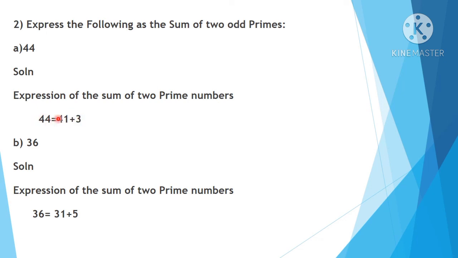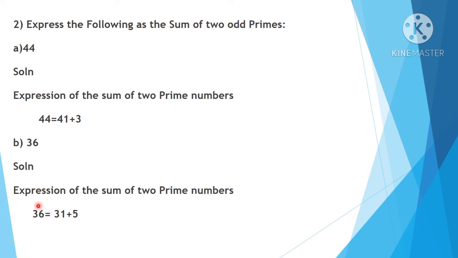Now the same way check it for 36. So we want to write two numbers. When you add the two numbers, you should get the answer 36. And those two numbers should be odd and prime numbers also. So near to 36, what prime number do you have? 31. 31 is a prime number and also an odd number.